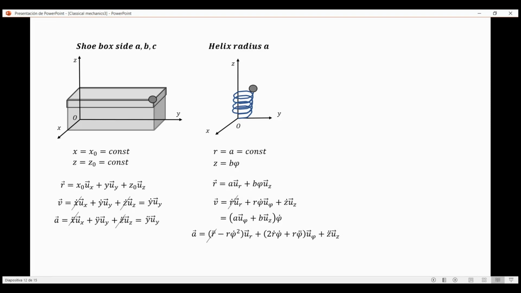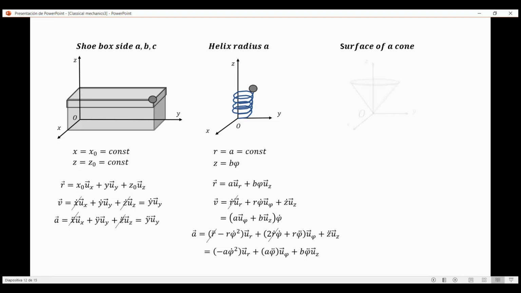R double dot is 0 because r is constant, and we simply substitute z double dot by the constant b phi double dot. This situation has only 1 degree of freedom because z and phi are linked by this constraint here, that z is b multiplied by phi, the equation of the helix with constant radius. So the acceleration would be just this expression here.